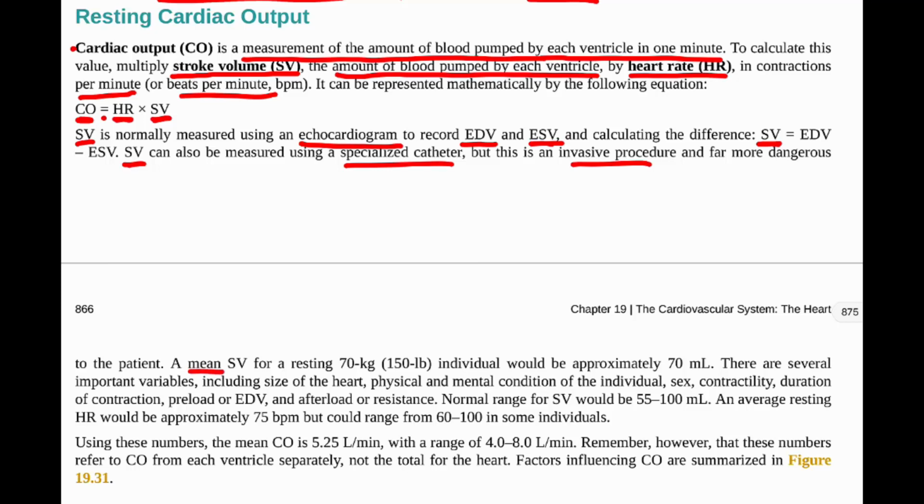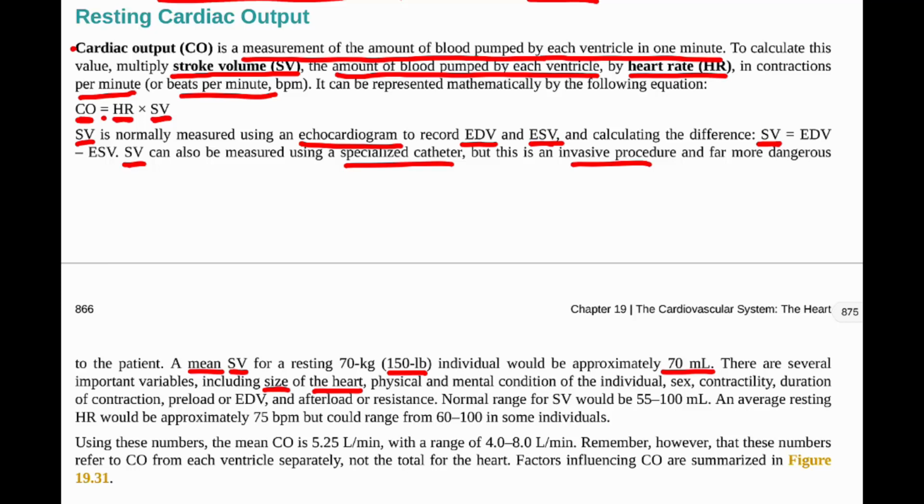A mean SV for a resting 150-pound person would be about 70 milliliters. There are several important variables, and we'll talk about some of those. One is the size of the heart. If you're a bigger person, such as one of the really, really tall people in this world, a 7-foot person is going to have a bigger heart than, let's say, a smaller 4'10" person.